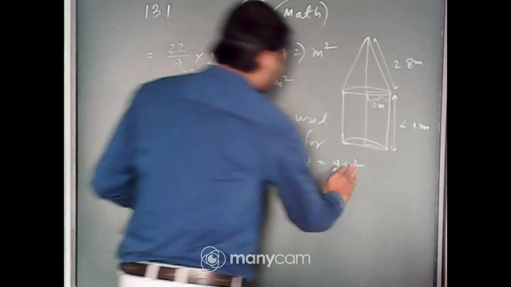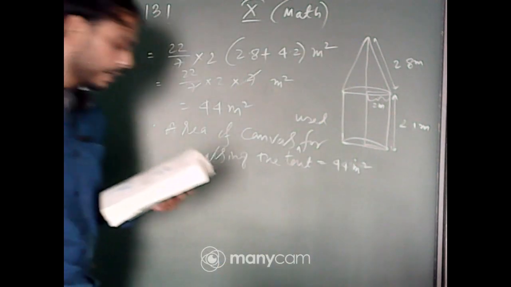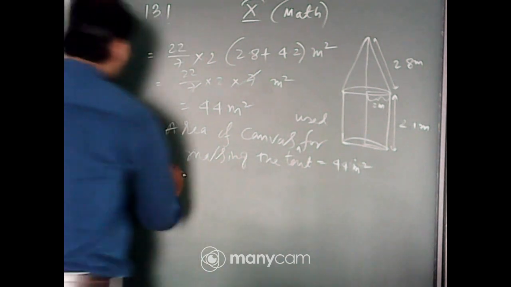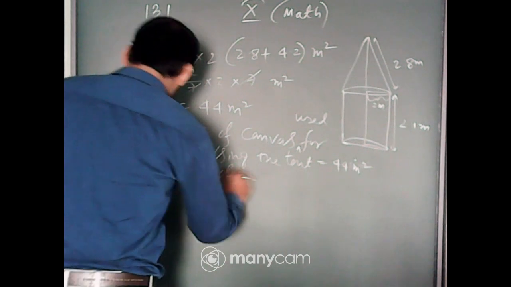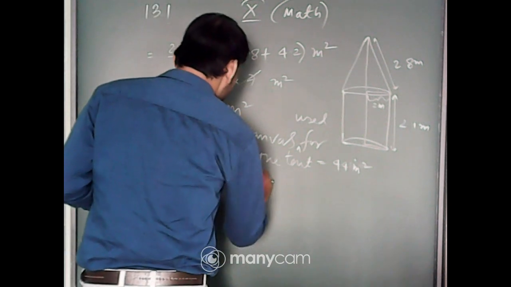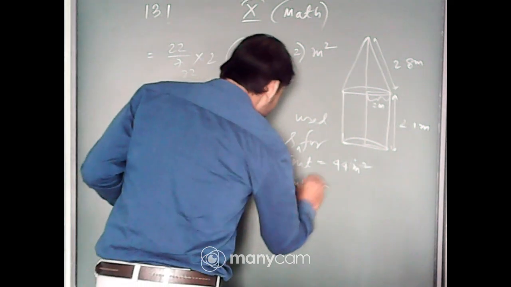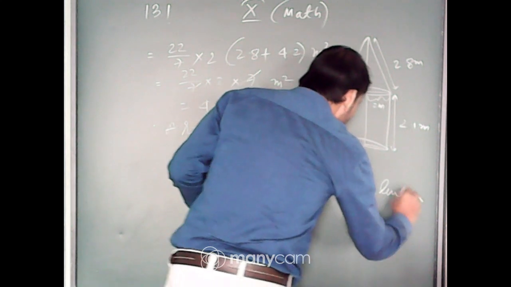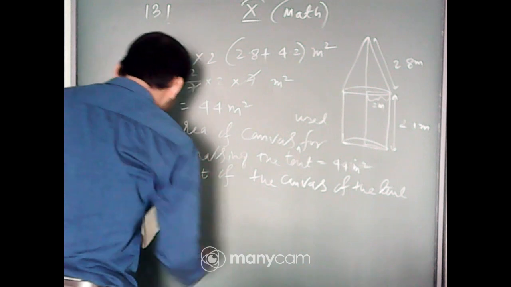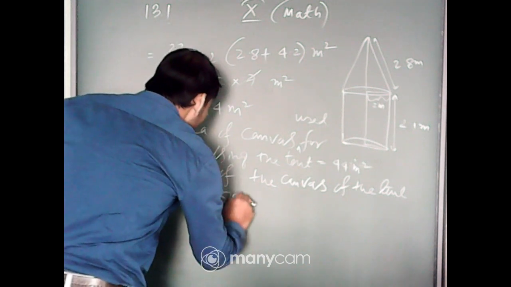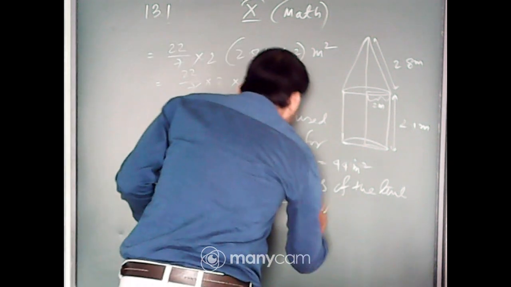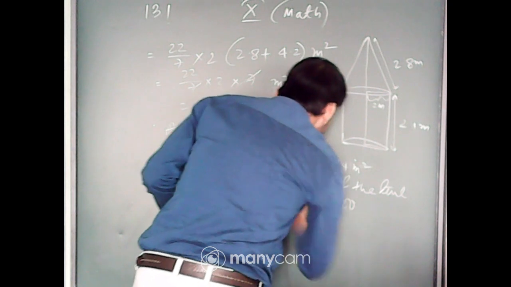Now the second portion. Also find the cost of the canvas of tent at the rate rupees 500 per meter square. Therefore, cost of the canvas of the tent at the rate rupees 500 per meter square equals 44 into 500 rupees.